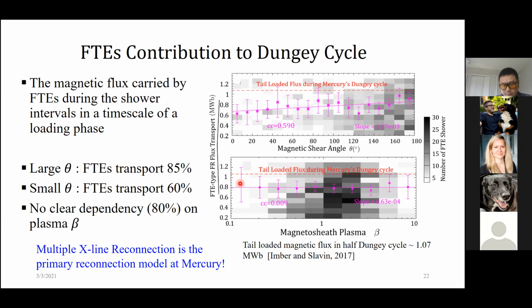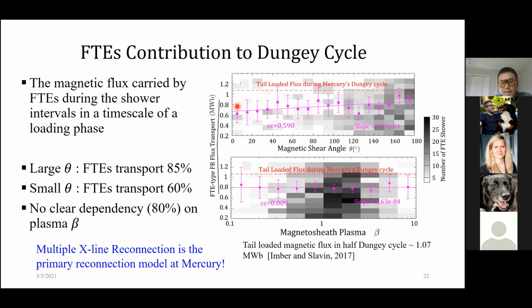And in each figure here, the horizontal dashed line shows the loaded magnetic flux in the tail lobe during Mercury's Dungey cycle. As you can see, FTEs could transport, I think, the majority of the magnetic flux required for the open flux during Mercury's Dungey cycle. It shows magnetic shear angle dependence.